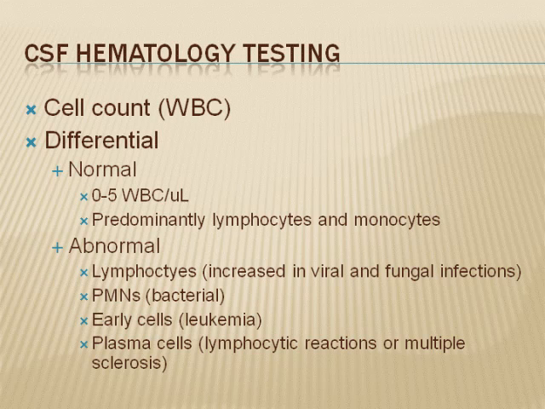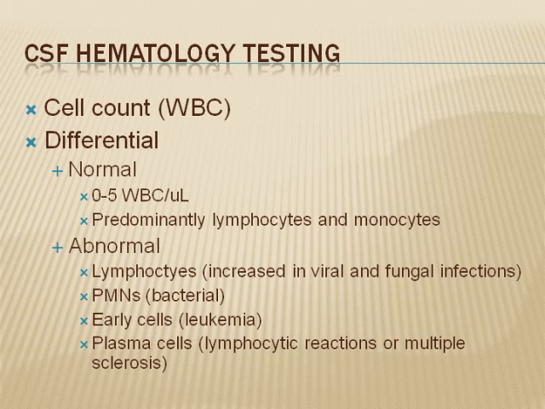Normally, you can see 0 to 5 white blood cells per microliter in normal spinal fluid, and what should predominate is lymphocytes and monocytes. Abnormally, you would have greater than 5 white blood cells per microliter, and if you have a predominance of lymphocytes, that is usually due to viral and fungal infections.